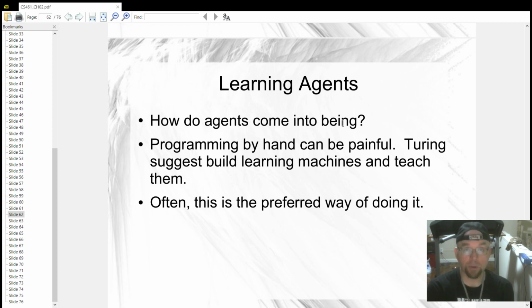So remember Alan Turing? We talked about him in the history of AI. He said, you know what? That sucks. Here's what we should do instead. We should focus on building machines that can learn. What we should focus on are algorithms that enable a machine to learn stuff.